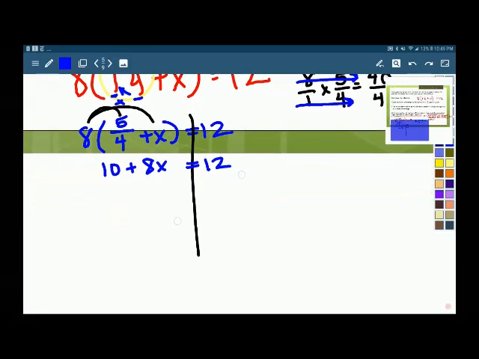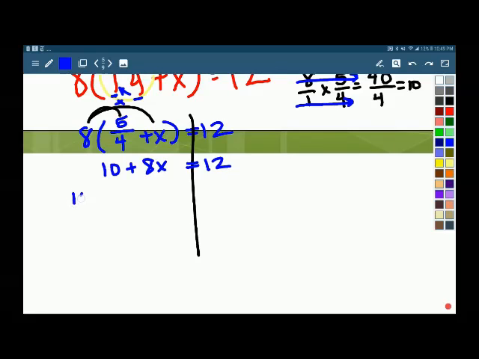Now, both sides are simple. I don't have variables on both sides, so I can go ahead and start solving for the x. I'm looking for addition or subtraction first. I'm going to scoot the left side over. I've got to get rid of that 10. It's positive, so I'm going to put a negative 10 on both sides. Positive 10 and negative 10 becomes 0.